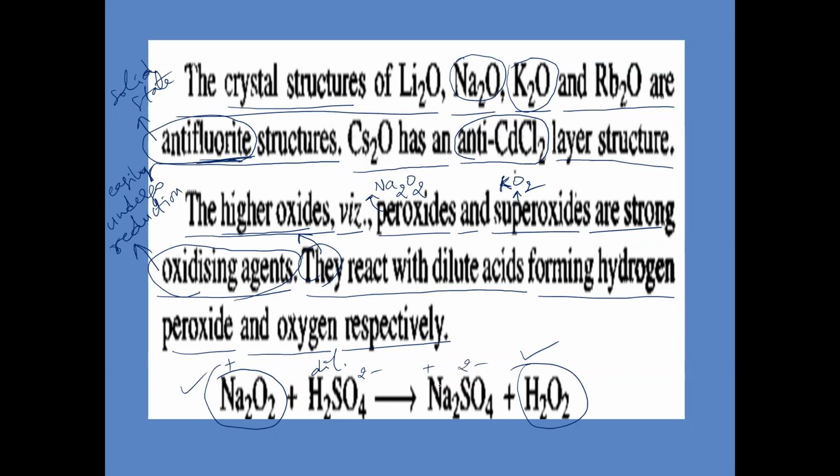The oxidation state of each sodium is +1, and the charge on the sulfate radical is -2. Then we get H2O2, hydrogen peroxide. This hydrogen peroxide structure we have to remember.